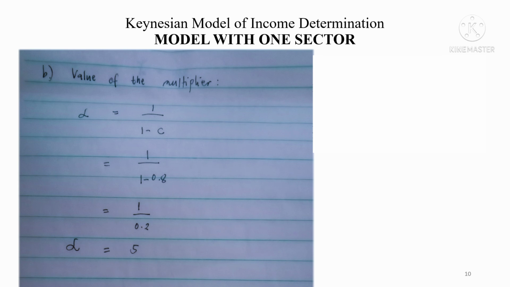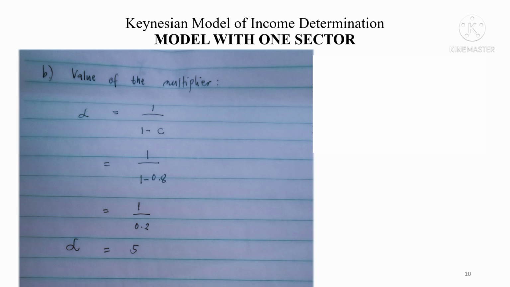And 1 over 0.2 is equal to 5. This means that for every peso increase in the autonomous spending, which in our case is the C bar, equilibrium income will also increase by 5 pesos. So that's the multiplier effect.